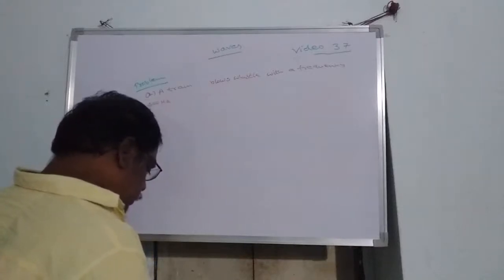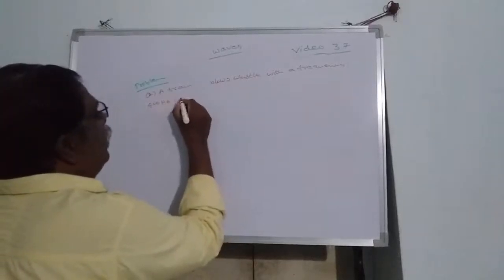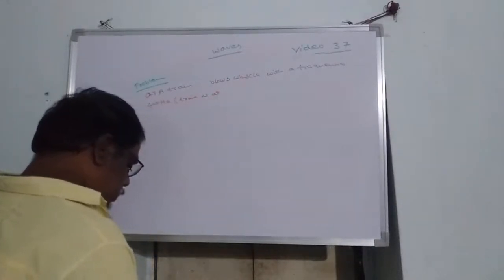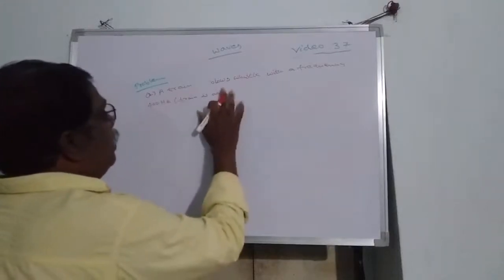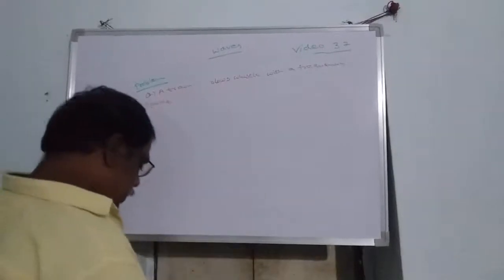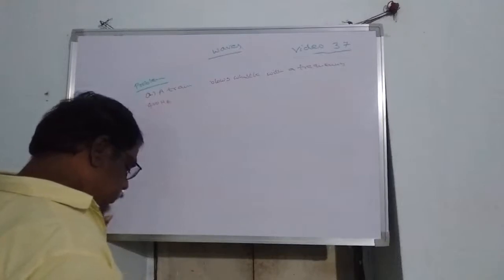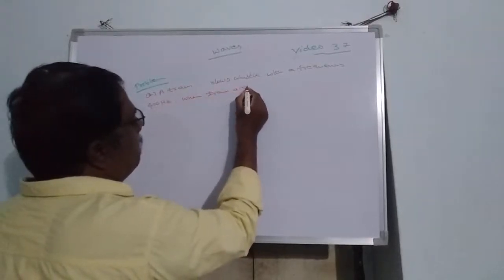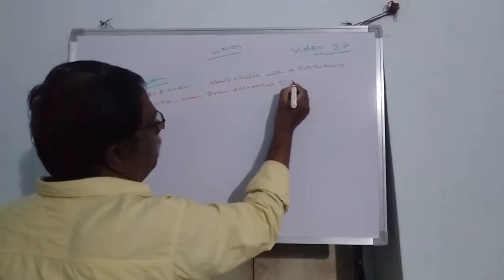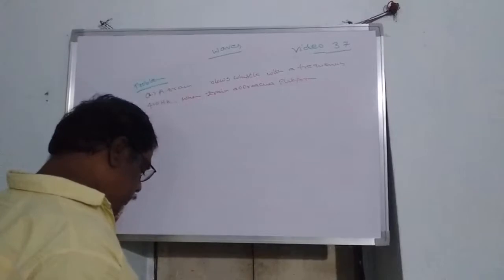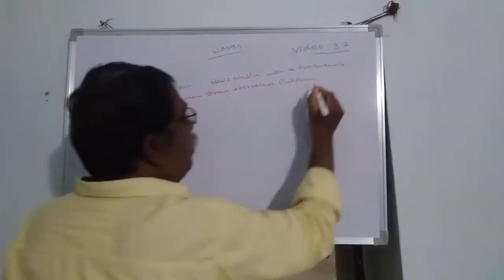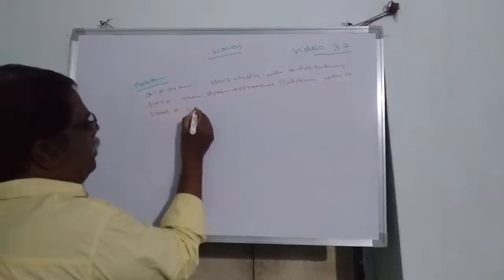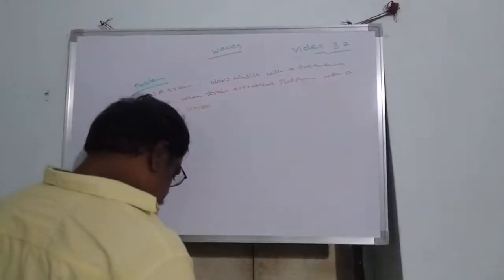The train is at rest. 400 Hz. So next, when the train approaches the platform with a speed of 10 meter per second.